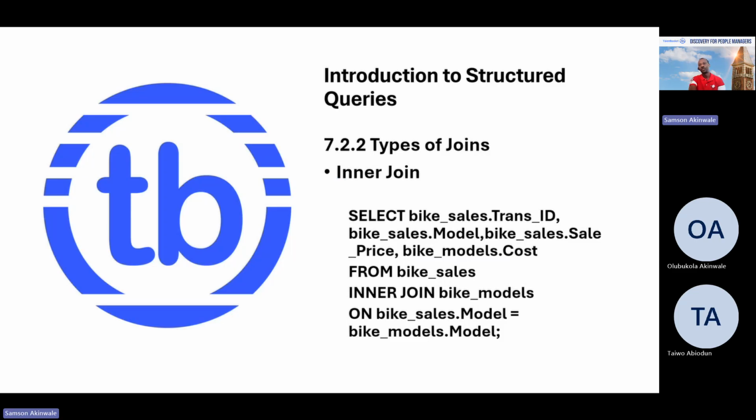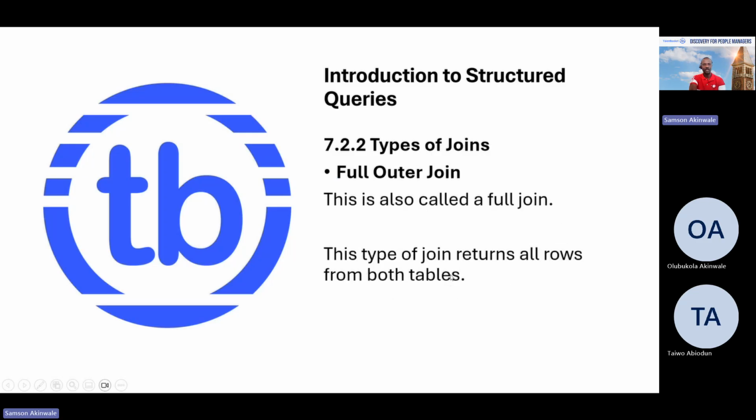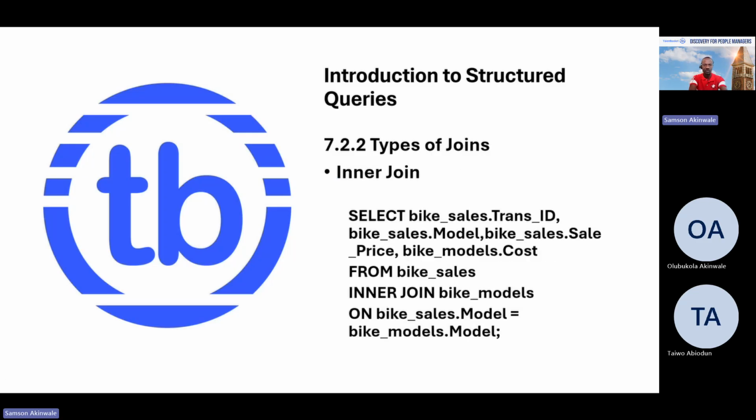Now, having written all those columns, I just specify a set of columns for SQL using that select command. Then I went ahead to say that all of those columns I've mentioned, pull them out from table bike_sales and also from table bike_model. That is the essence of this join statement that we see.